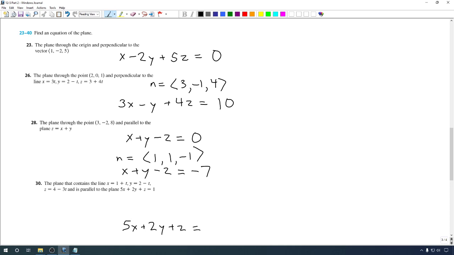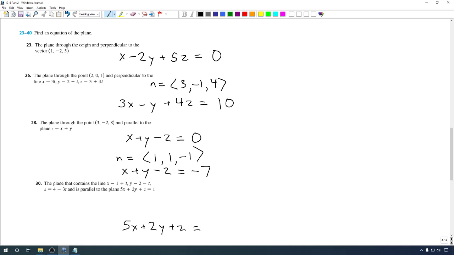We don't know what that something is, but that's what we're going to have to figure out. Now, how would we normally find out what that something is? We would take a point that we know is on the plane and plug it in for x, y, and z. But we don't have a point on the plane right now. It's kind of unique compared to the other ones so far.